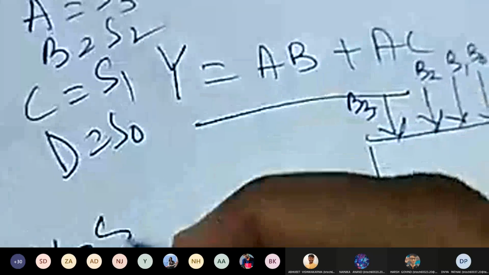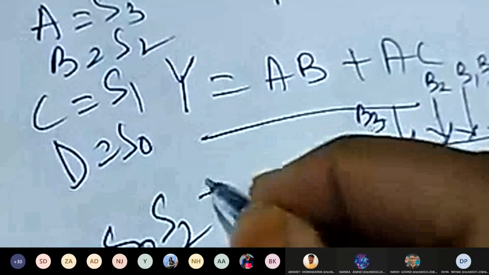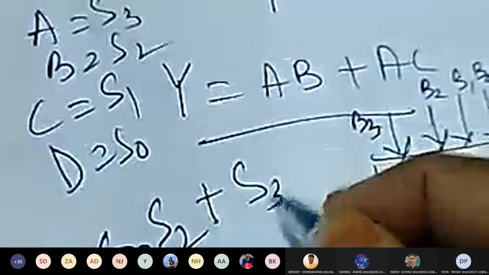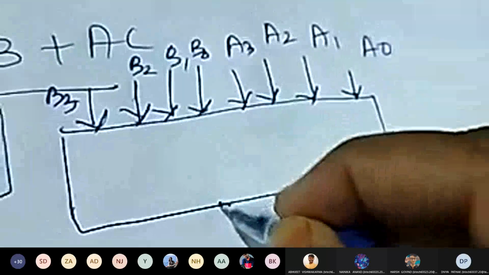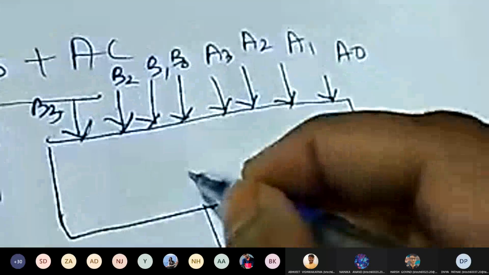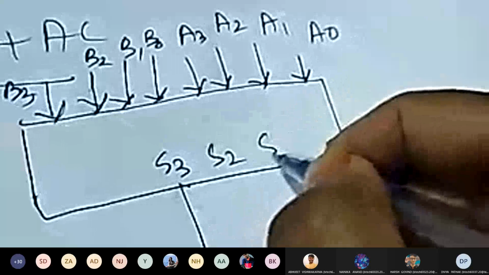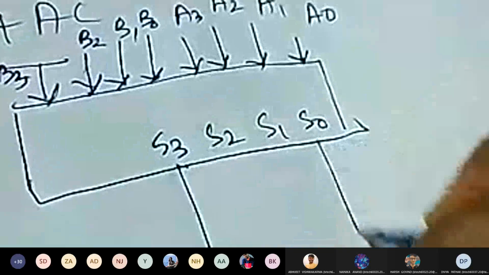So what is the expression now? We can write AB, that is S3, S2 plus S3, S1. So here we will get the output like this only, that is S3, S2, S1, S0.